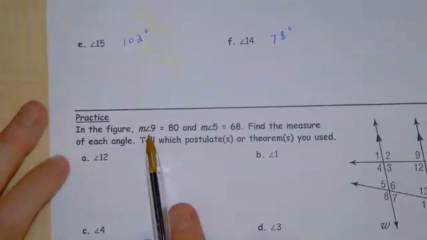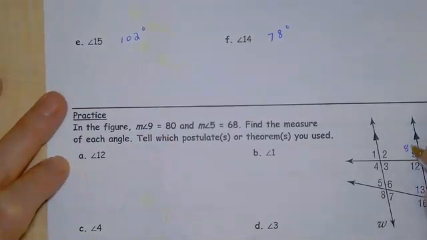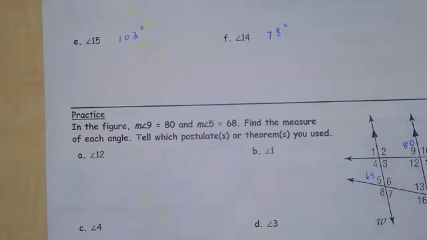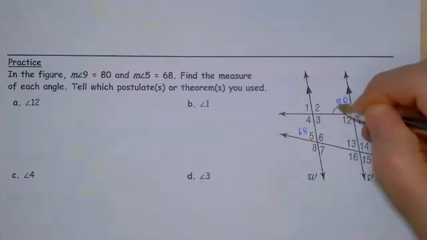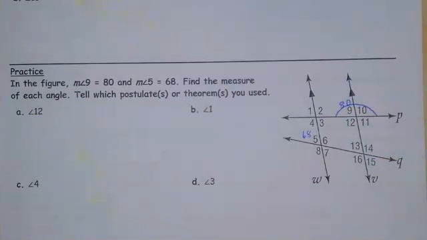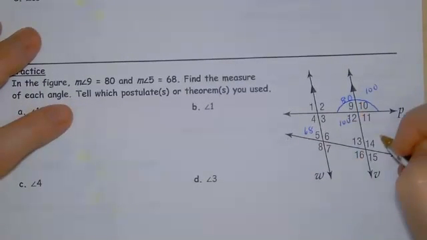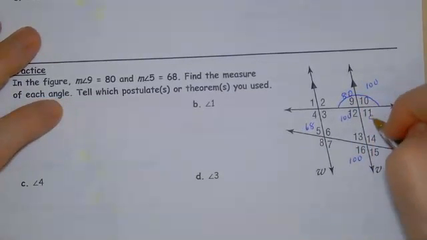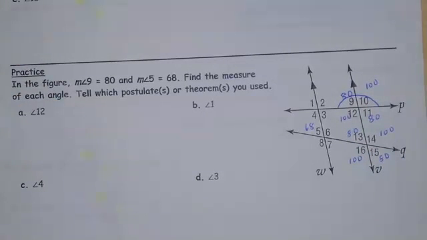Okay, here angle 9 is 80. This is 80, and angle 5 is 68. And I think you know how to finish that. If from here to here is 180, and then 80, 80, 80, 80 on that side.